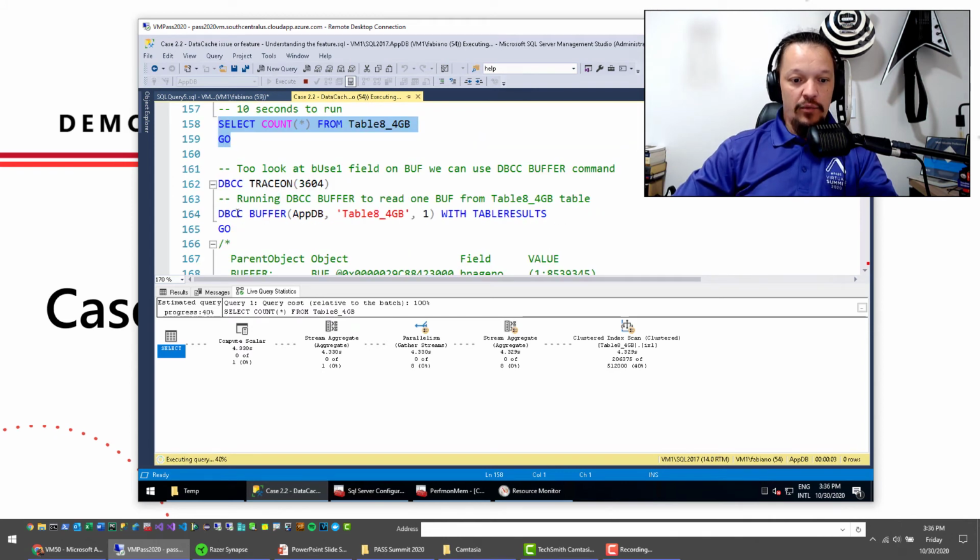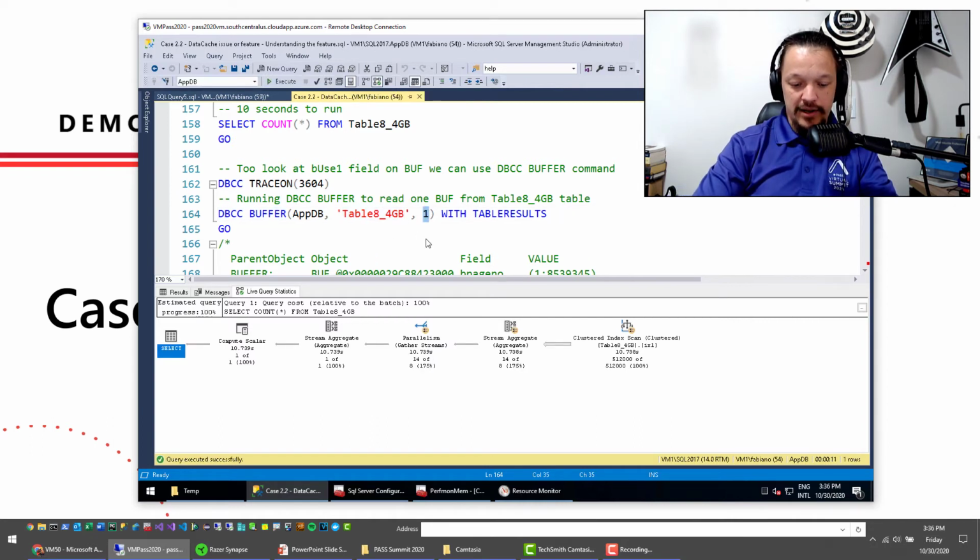And then I will use DBCC BUFFER to dump one page, you could put here a bigger number, like 50 pages, from this database, this specific table. I just want one, and I'm enabling the trace flag to see the results here.